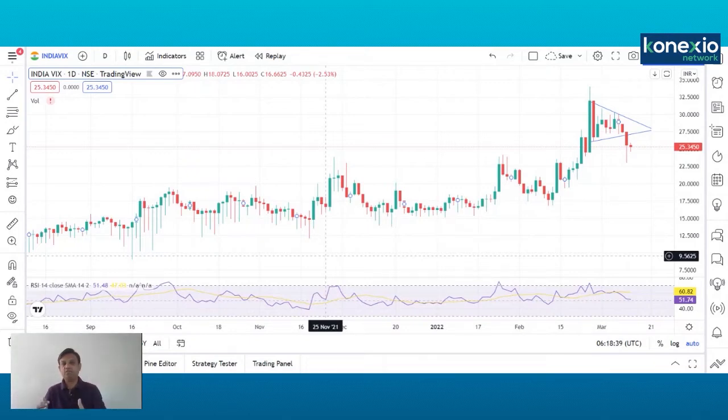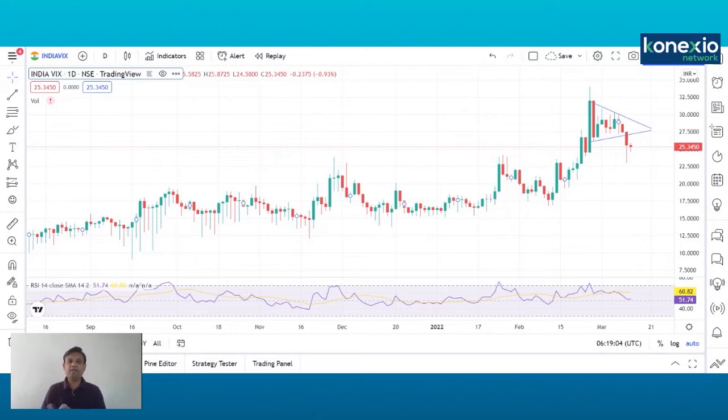When VIX falls, markets tend to go up. So most probably, when India VIX is showing some sort of weakness at these levels, the market might make a temporary bottom at these levels, and might rally from this particular consolidation zone or intermediate swing low zone.